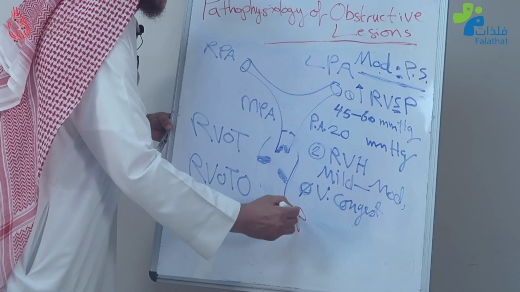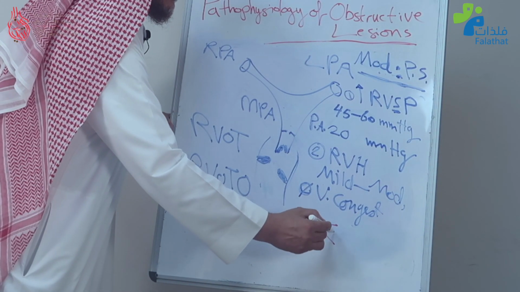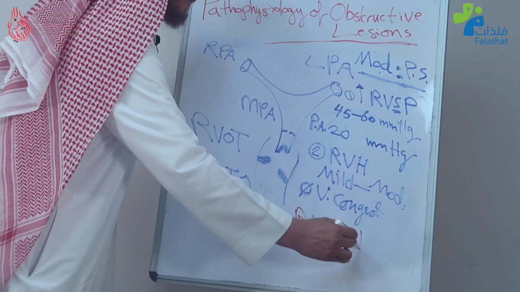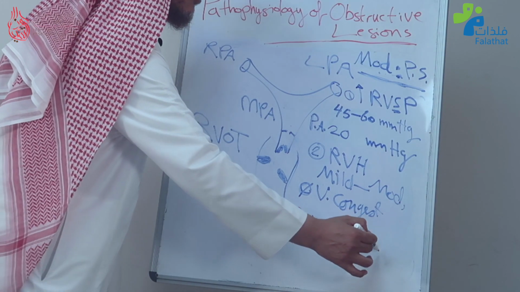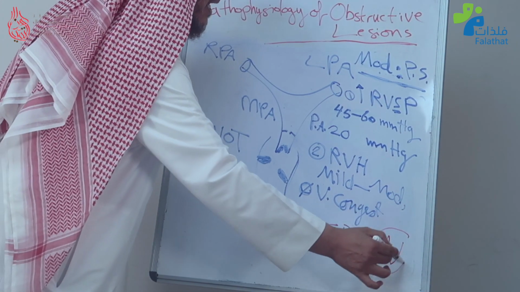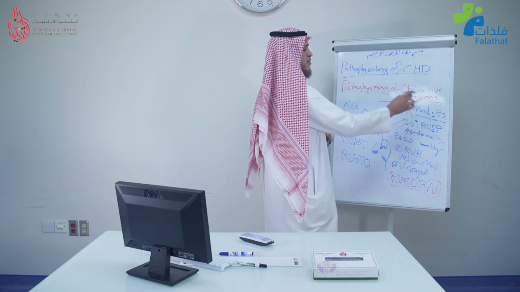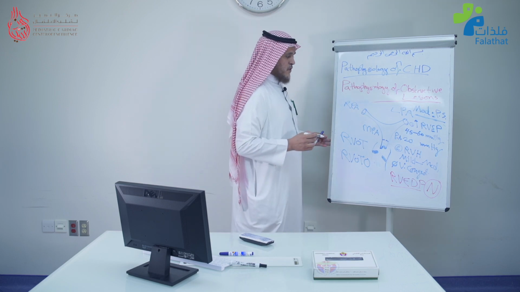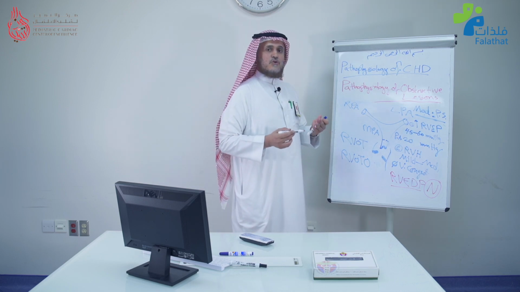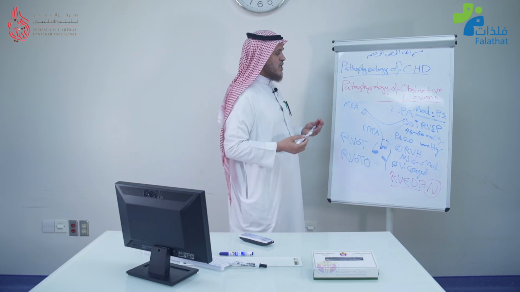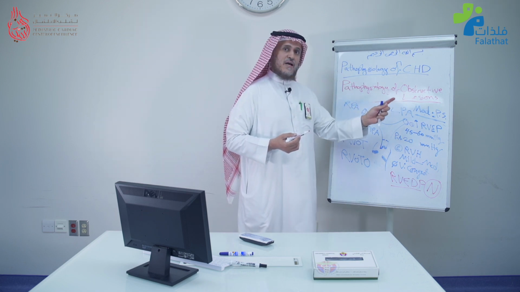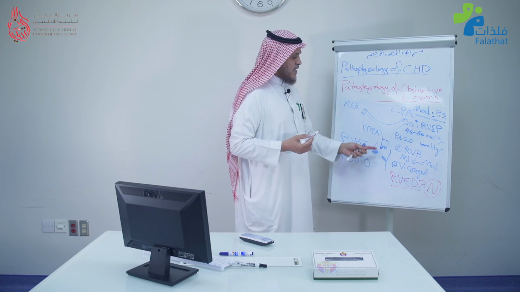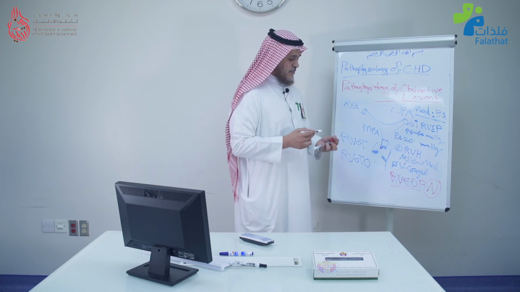So the RV end-diastolic pressure will almost remain normal, not affected much even in moderate PS. So mild to moderate PS usually does not give you much hemodynamic effect, but you start seeing this effect actually with moderate.